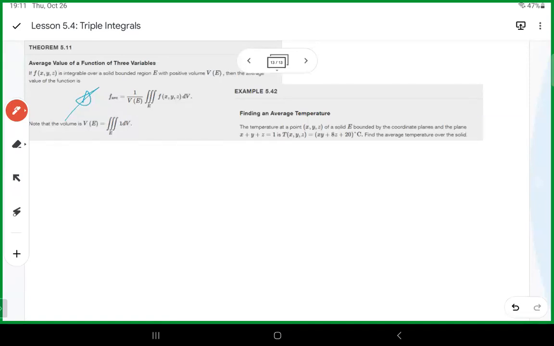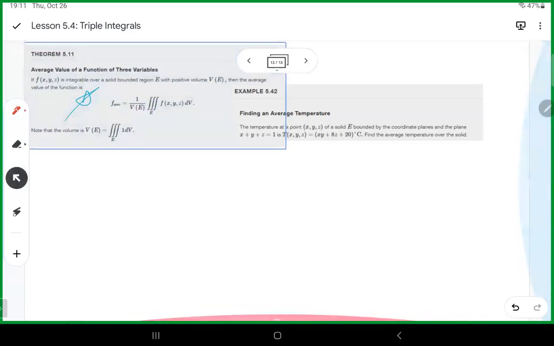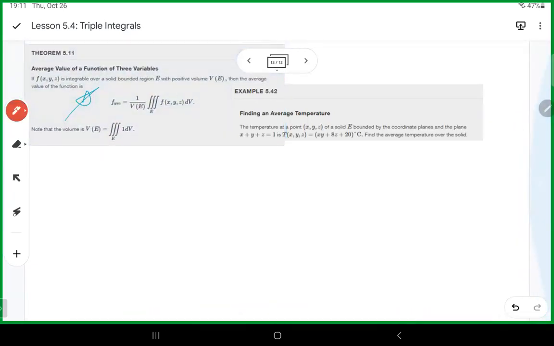So the theorem says, average value of a function of 3 variables: if the function is integrable over a solid region E with a positive volume V(E), then the average value of the function is the following. Note that the volume V(E) equals the triple integral of 1 dV.